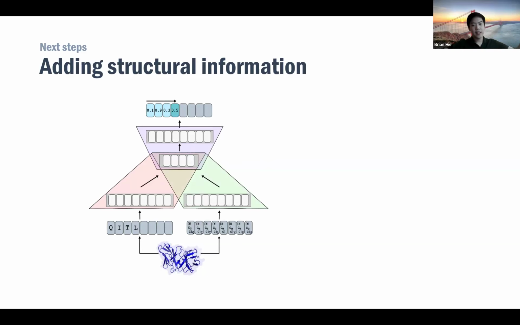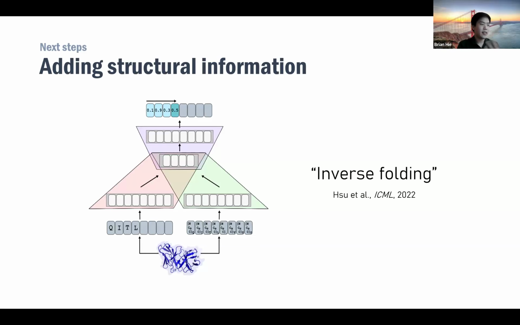So as this model is autoregressively generating a sequence, it's also being told that the sequence it's generating needs to adopt the backbone structure that we provide to the model.